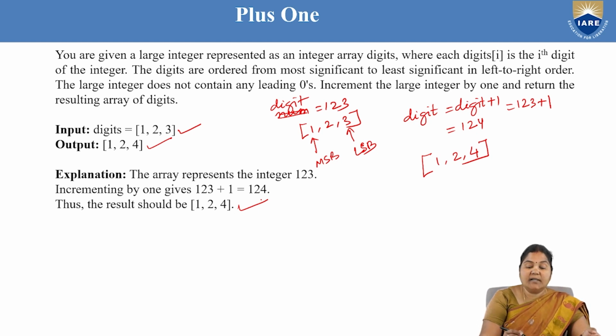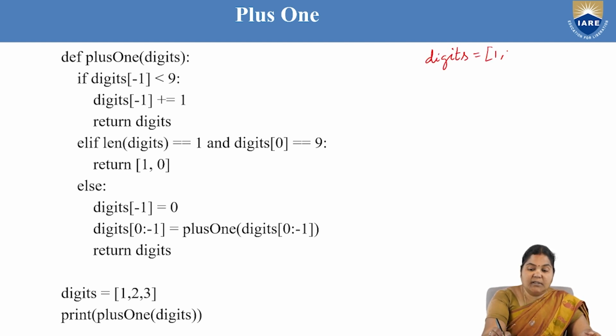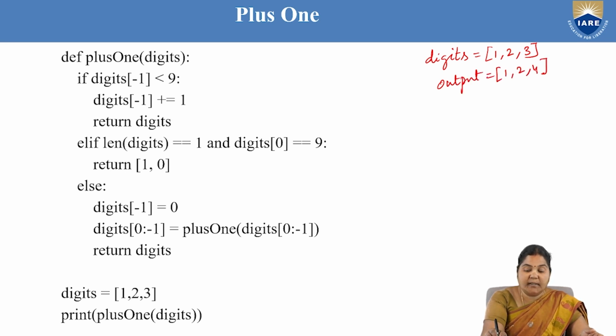Now, what are the test cases that you have to satisfy? So there are several test cases. Let us understand. Now, suppose my digits is 1, 2, 3. So after adding 1, my output should be 1, 2, 4. Right? So that means in the array, this is the last digit.